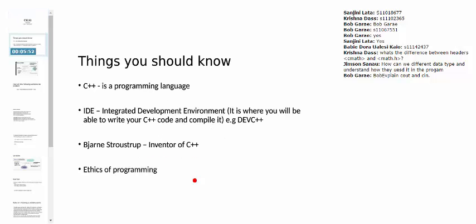Before we begin, there are some things that you need to know. What is C++? It is the language you are using to write your code in. C++ is a programming language. Does anyone know about other programming languages that you want to share?